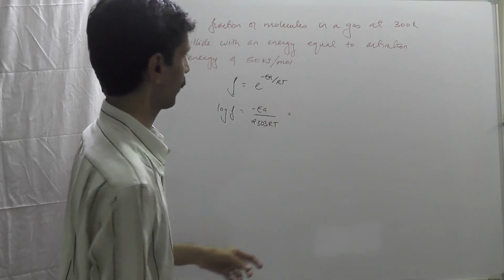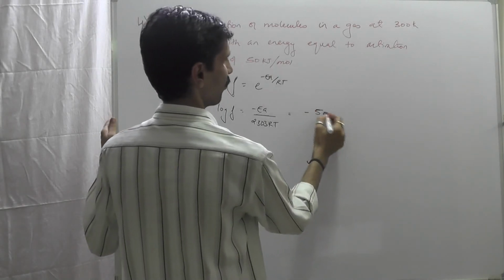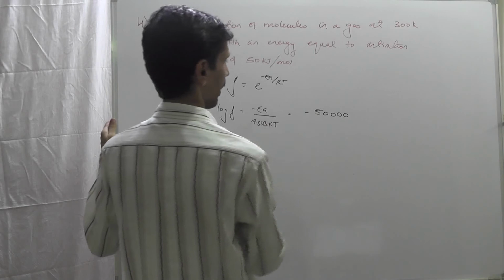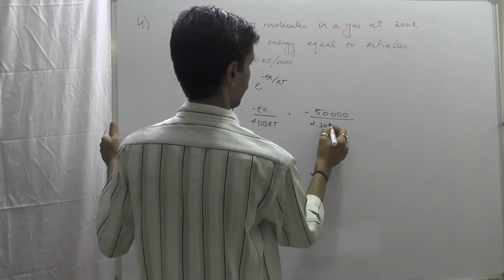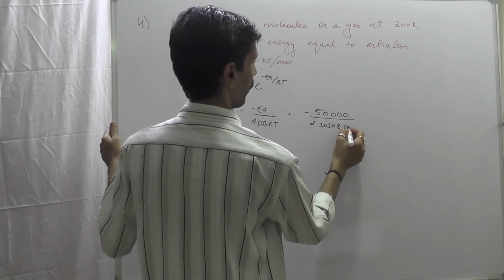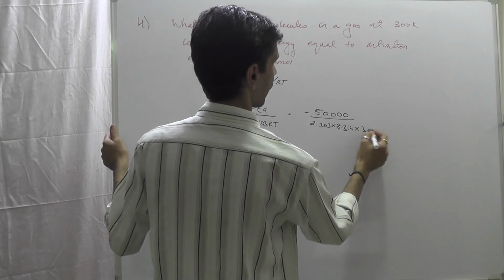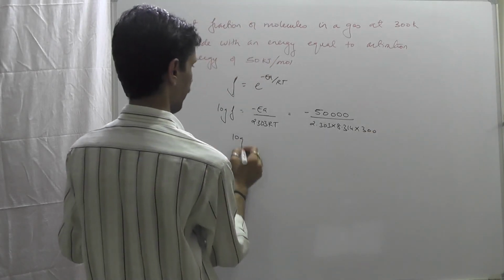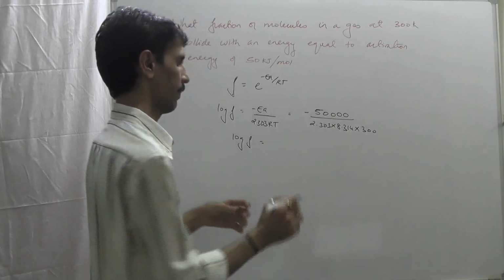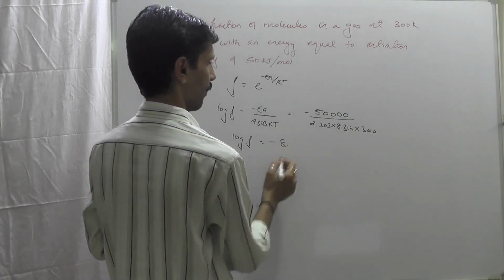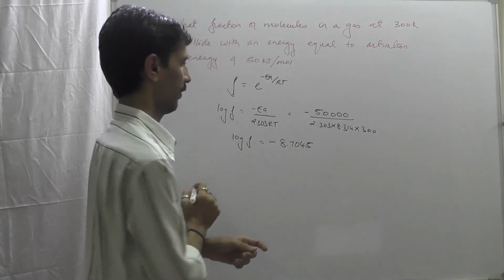Alright, so that is equal to minus of 50 kilojoules, तो उसको मुझे joules में convert करना है, so I'll make it as 50,000 divided by 2.303 into 8.314 into the temperature is 300 Kelvin. So therefore we have log of F is equal to nothing but minus of 8.7045. Okay, this is what we get.